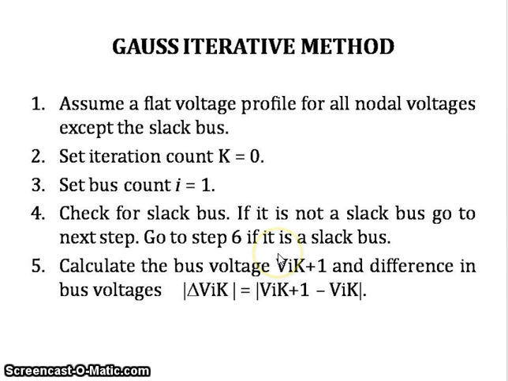If it is not a slack bus, go to the next step; if it is a slack bus, we go to step 6. Now we calculate the bus voltage V_i^(k+1) and the difference in the bus voltage, delta V_i^k, that is V_i^(k+1) minus V_i^k.